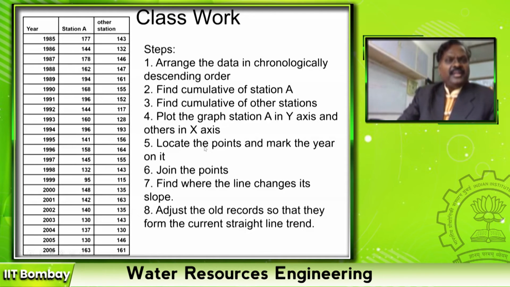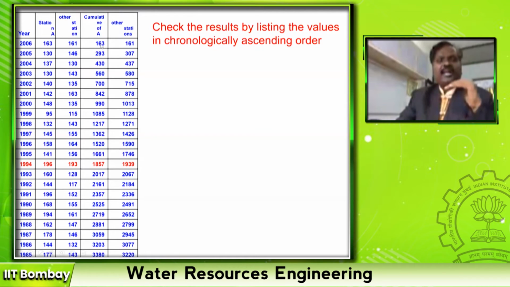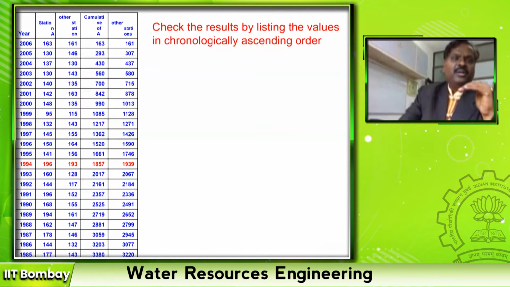Then, right, I have done this. First point, you have to arrange the data chronologically in descending order. This is station A, its cumulative. I think I no need to tell you how to estimate the cumulative, right? Cumulative is the algebraic sum from the start to that particular time step. So this is cumulative of A, 163 plus 130.